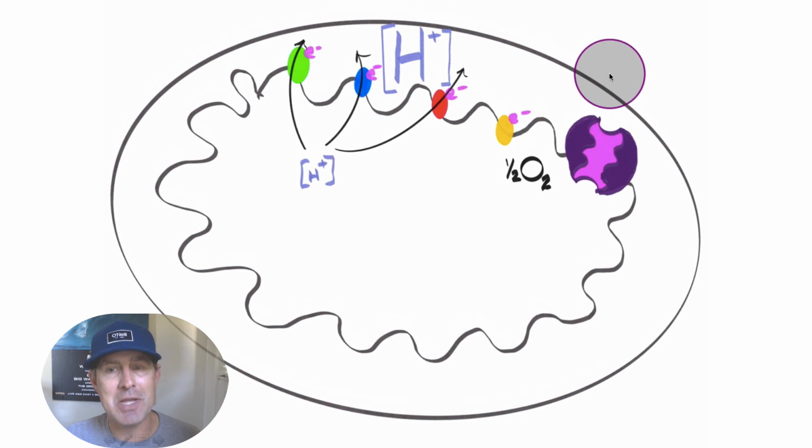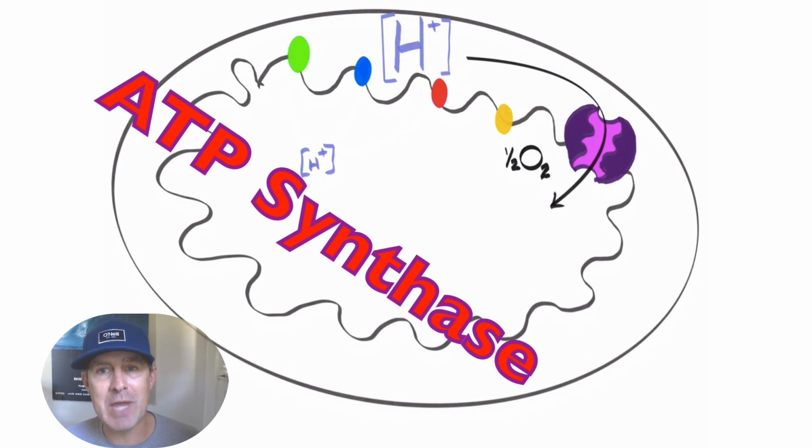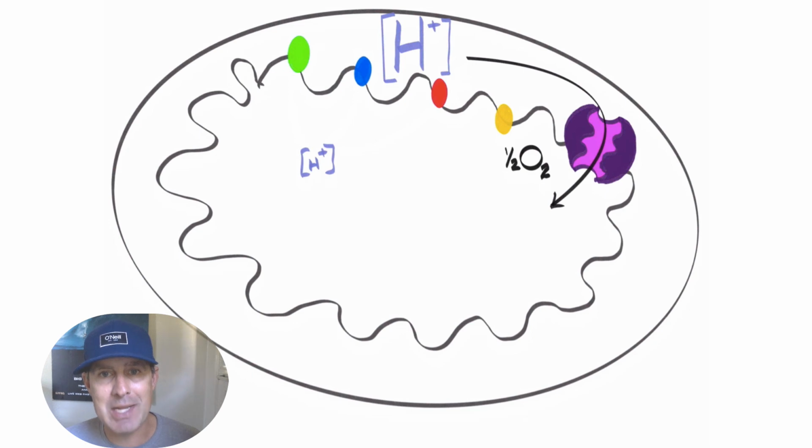And this channel is known as ATP synthase. As the hydrogen ion moves through that channel, it's moving down its gradient, creating kinetic energy, and that kinetic energy is harnessed to synthesize or produce ATP molecules.